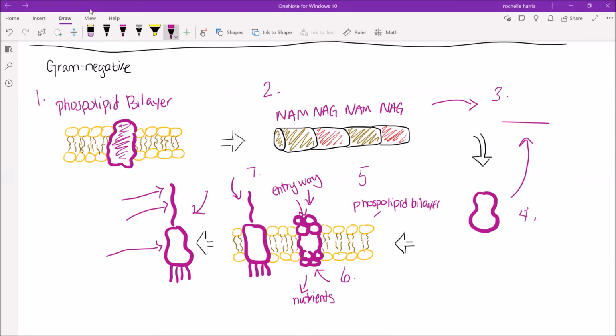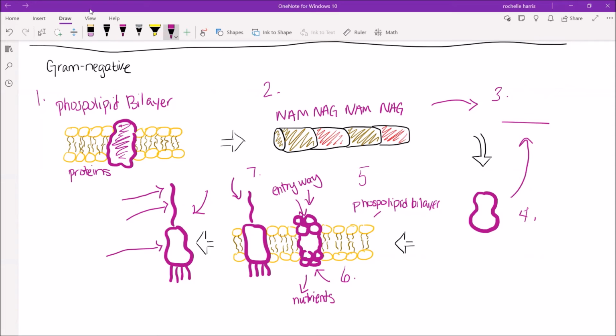Phospholipid bilayer. And it has proteins embedded in the outer membrane. So we have phospholipid bilayer and proteins. We have our NAM-NAG structure. It is the carbohydrate backbone of the cell wall.